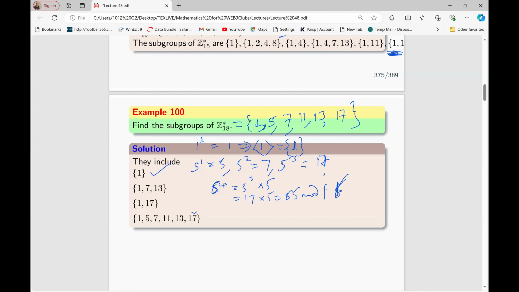So we've generated 17, 13, and we had generated 5. Now 5 five times will be 5 four times times 5. 5 four times we've said is 13 times 5. This gives us 65, and we are doing it mod 18.